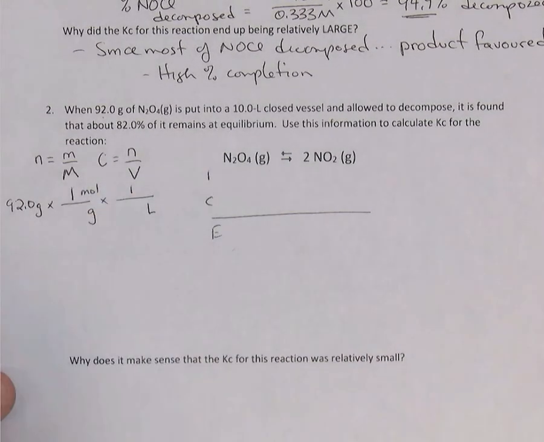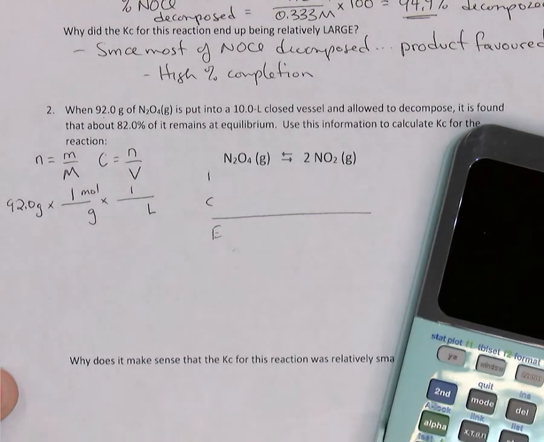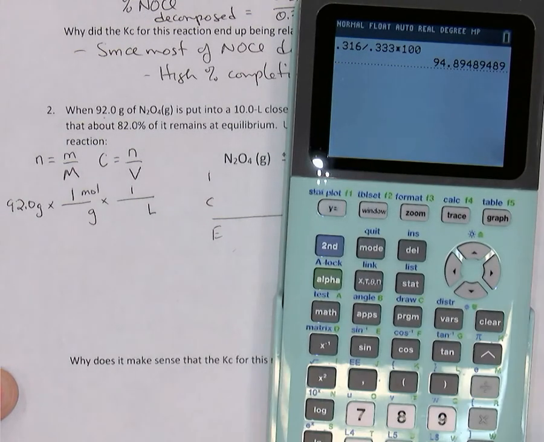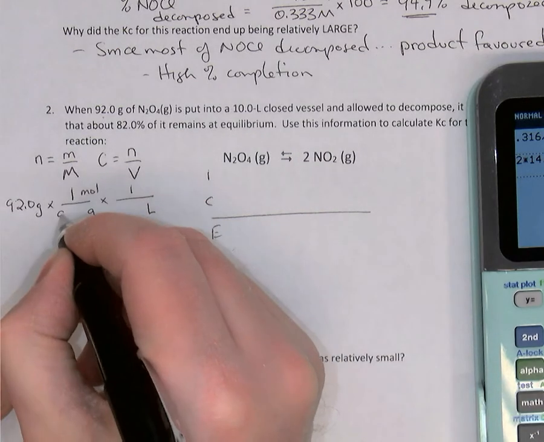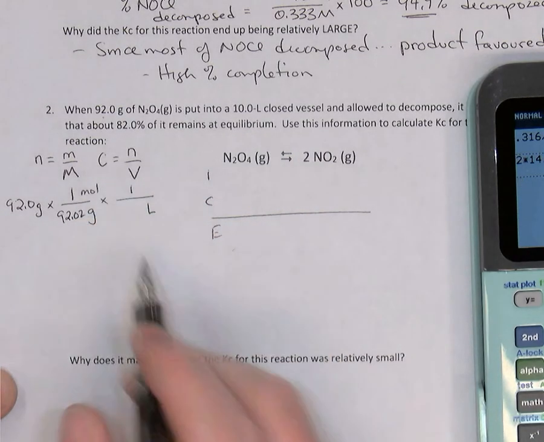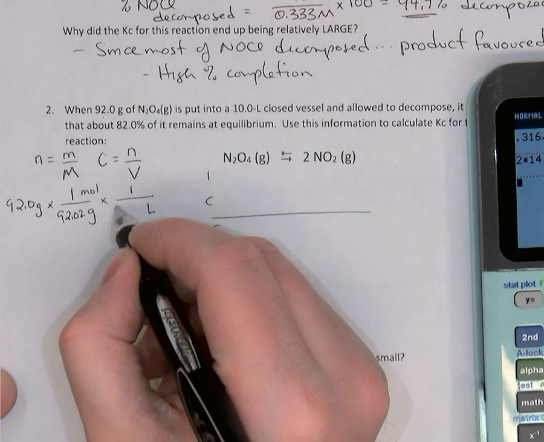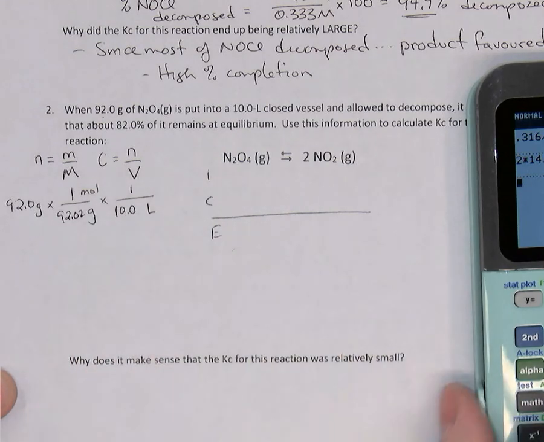So the first multiplier is my molar mass, so N2O4, we have 2 times 14.01 nitrogen plus 4 times 16 the oxygens, 92.02 grams per mole, so 92.02 grams is the molar mass, and the volume was 10.0 liters.